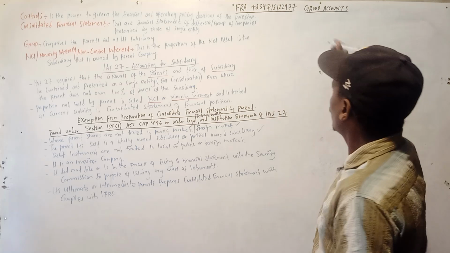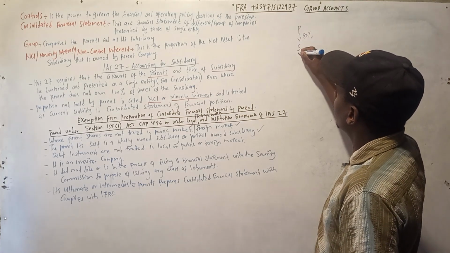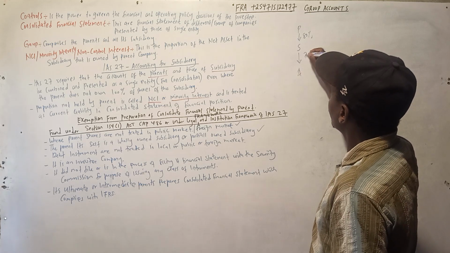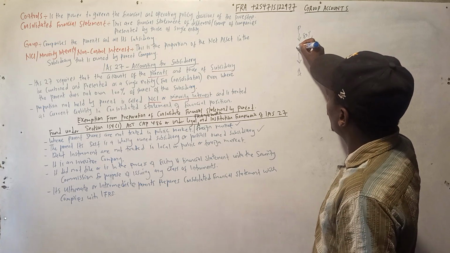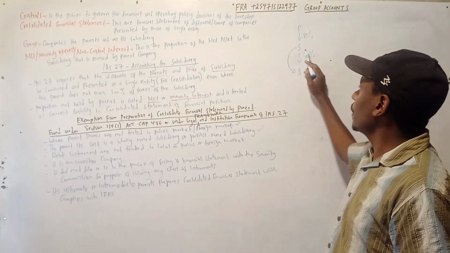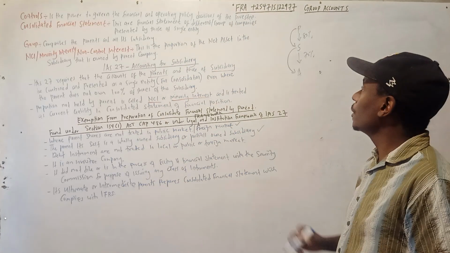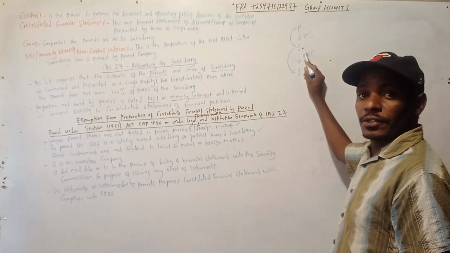For example, we have P controlling S 80%, then S controlling A 70%. Remember, S is the parent to A, but S is controlled by P, meaning S does not prepare the financial statement.